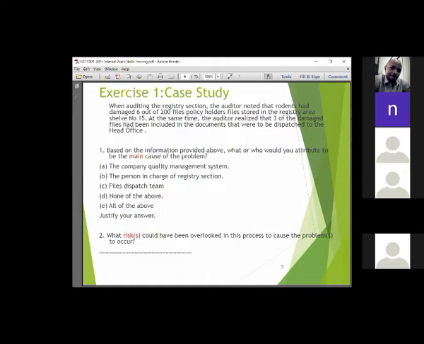Engaging a pest control service provider was not considered as important. Any other? Yes, we have those two.